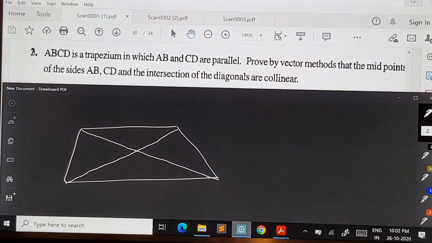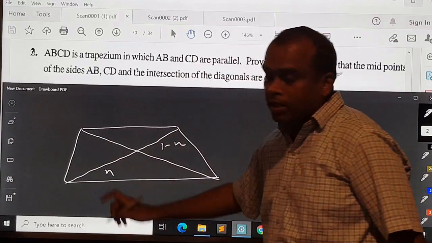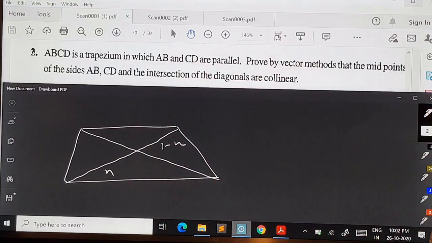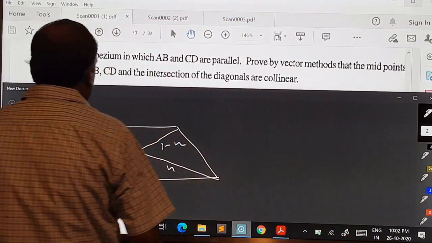So, in the sense that if I assume this ratio is n is to 1 minus n, then even this ratio will be n is to 1 minus n. It is easy to see because it is trapezium.